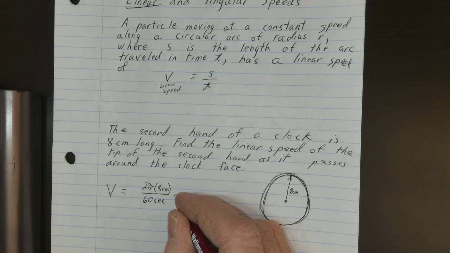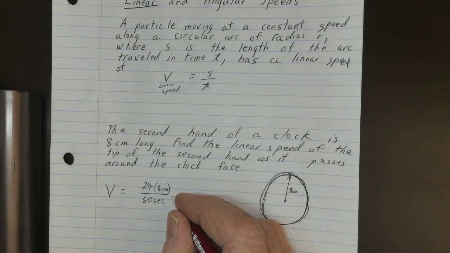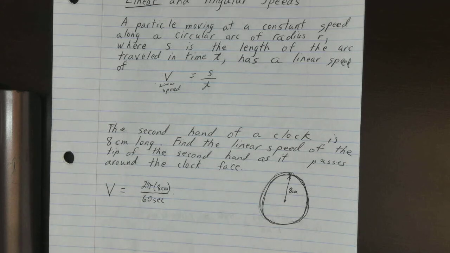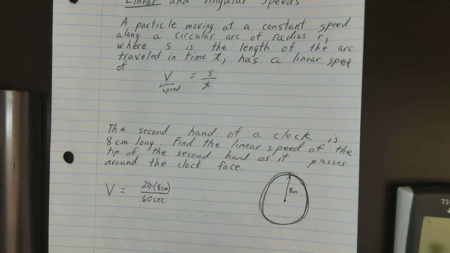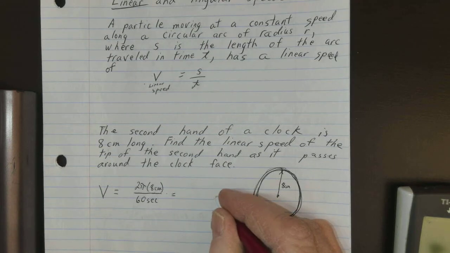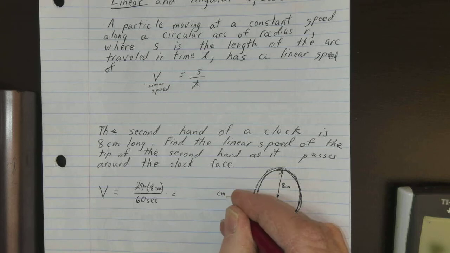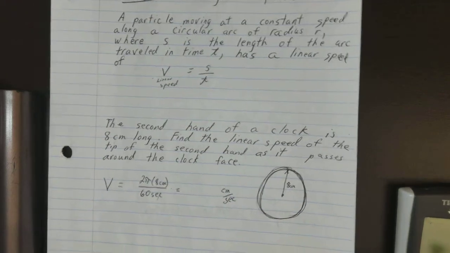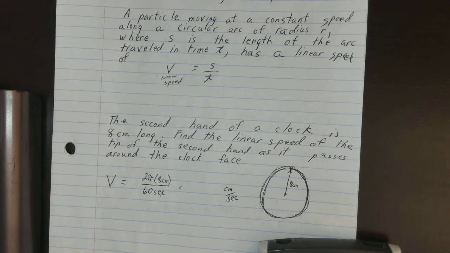So when we give that answer, let's get the calculator out here. We're going to give the answer in centimeters per second, because that is the units we have here. How many centimeters does that second hand go in per second?